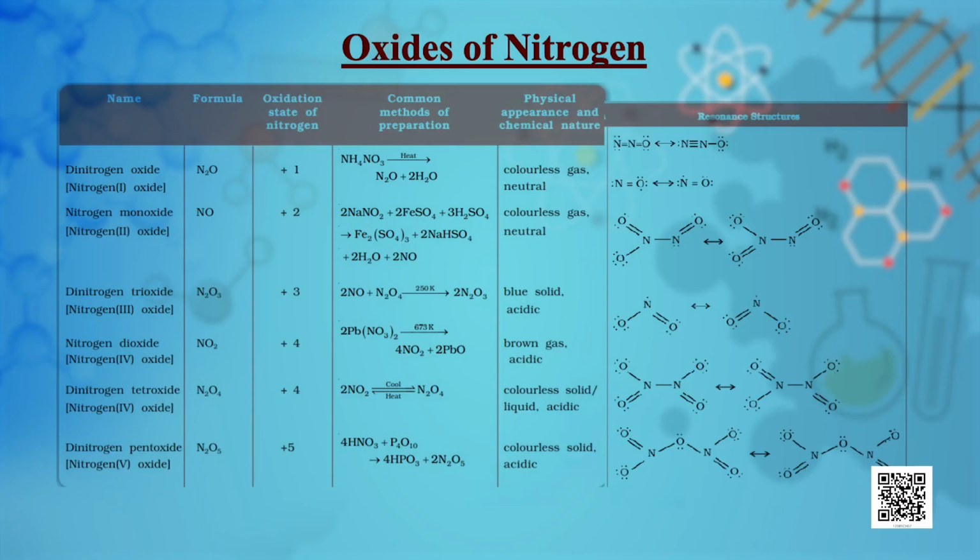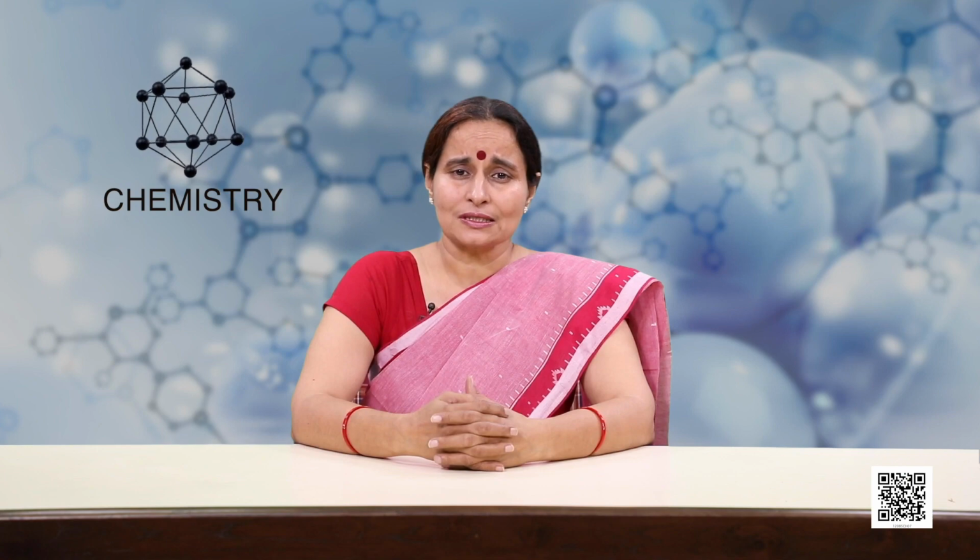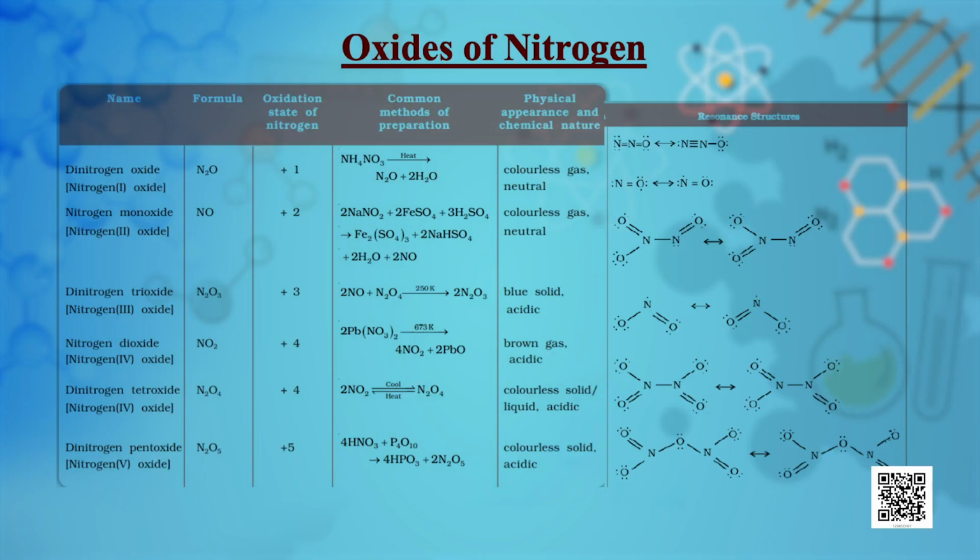Five different oxides with all oxidation states of nitrogen from +1 to +5 are nitrogen oxide, a colorless gas formed by decomposition of nitrate salt; nitrogen monoxide, also a colorless gas but paramagnetic due to the presence of an unpaired electron in it; nitrogen trioxide is a blue solid, while nitrogen dioxide is a brown gas which on cooling gets dimerized to form dinitrogen tetroxide. This tetroxide is a colorless solid.